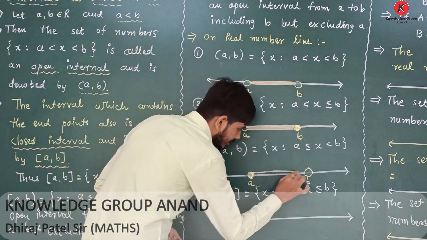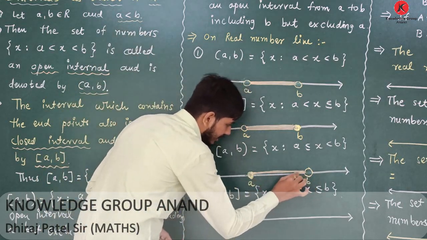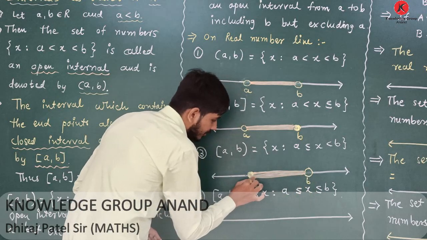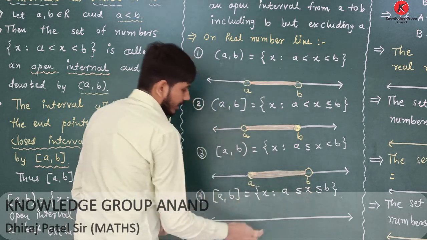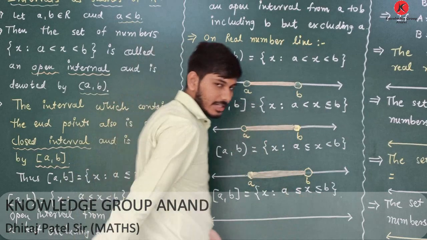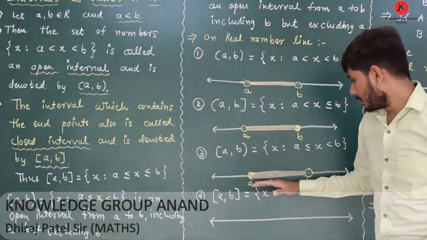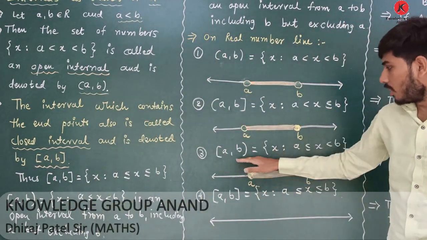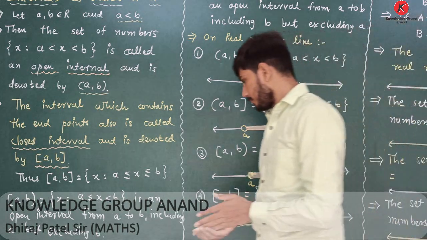All real numbers between A and B are on the number line, so this portion as well as A is the representation of this interval.